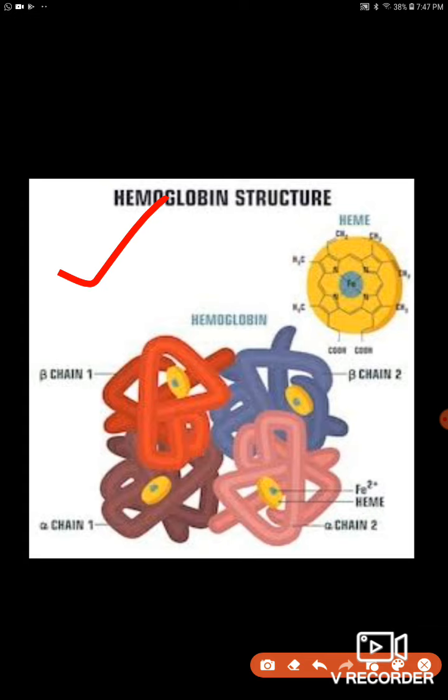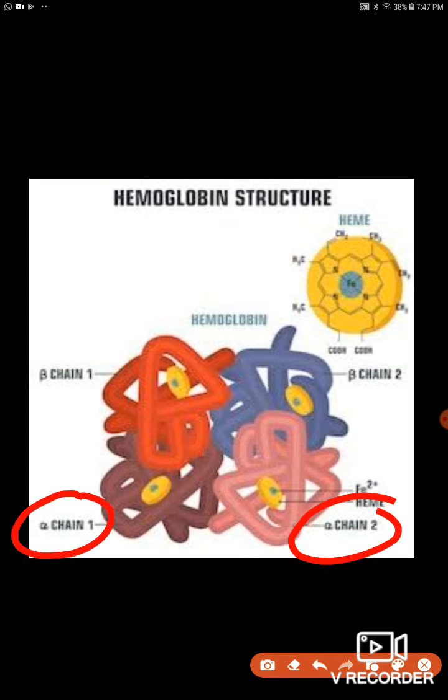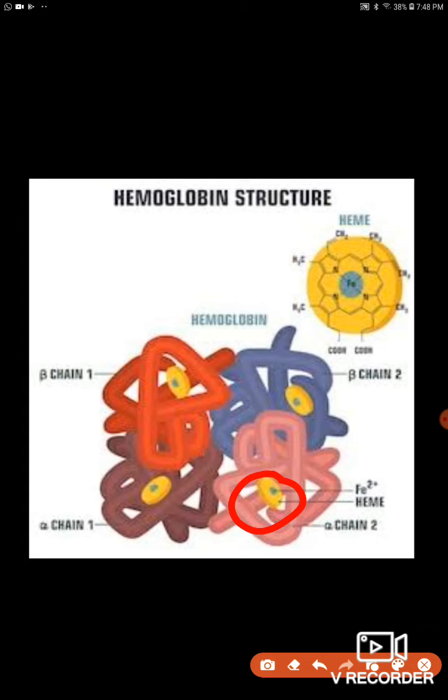Now hemoglobin is composed of two main parts, globin and heme. Globin means the protein chains. Here you can see four chains, two alpha and two beta chains. So that is the globin portion, the protein portion. And in this figure you can see this yellow color which is called the heme. Okay. This heme part contains iron.